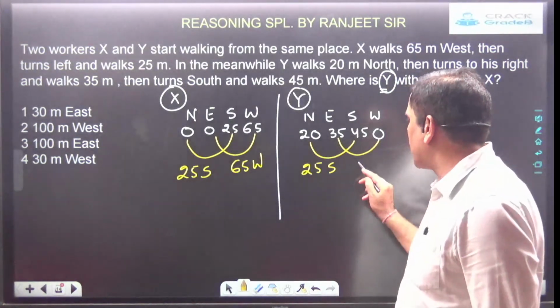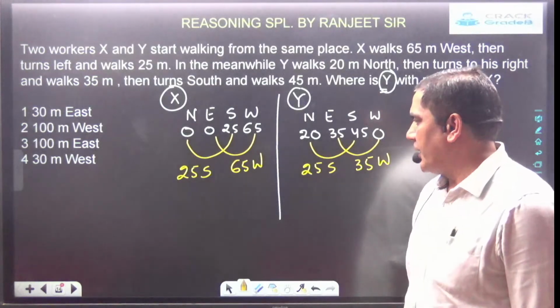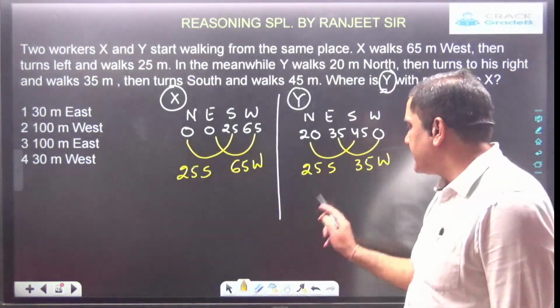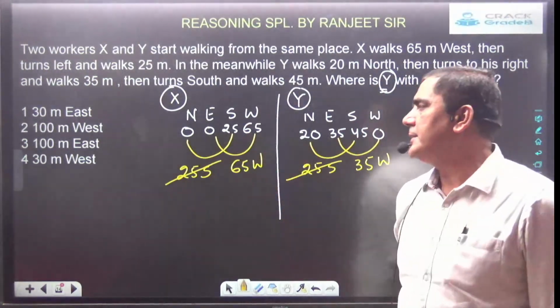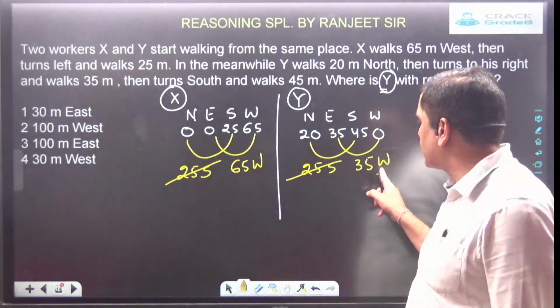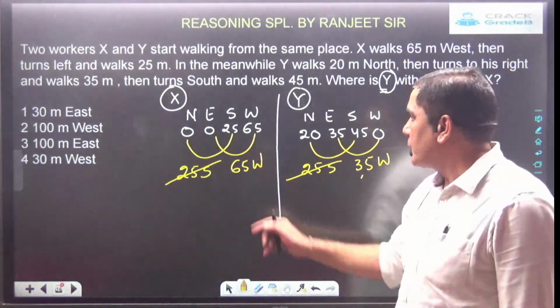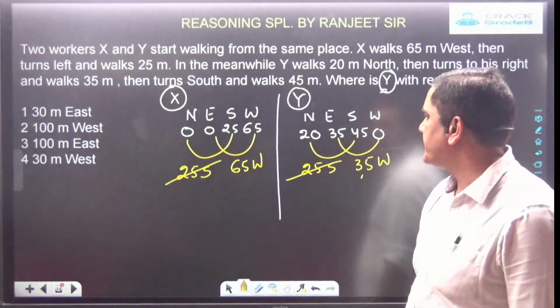Take these two, comes out to be 35 west. Clear? Now here, 25 is the same, south is the same, so these two will cancel each other. Now here also west, so I am going to subtract. So it comes out to be 30 east.